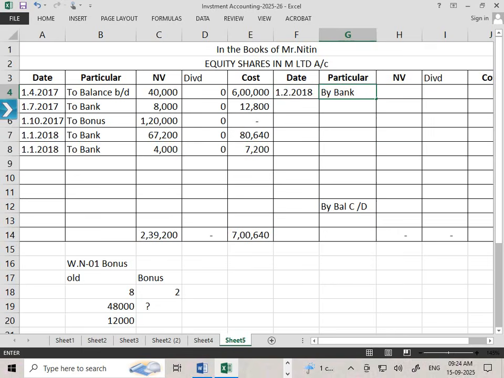I will not enter anything over here because I want debit side of cost column minus credit side of cost column divided by debit side of nominal value column minus credit side of nominal value column. If I enter over here, that will be taken into account. So I don't want to take that.